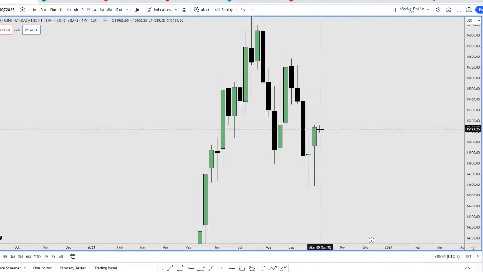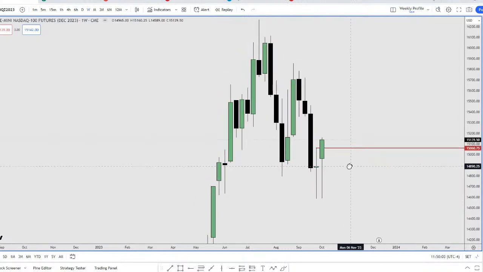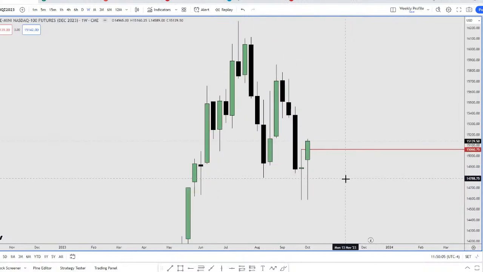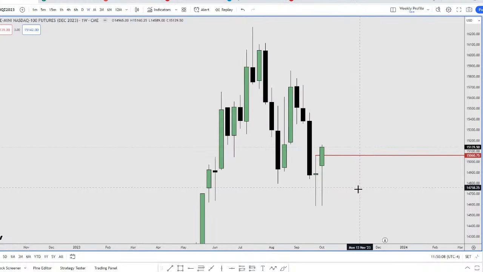So for next week, I want to see price close below this high here, basically below 15060.75. Why do I have such a demanding condition? Because if you look at Nasdaq, it's rejecting lows. Can you see? It trades below this low here, rejects.